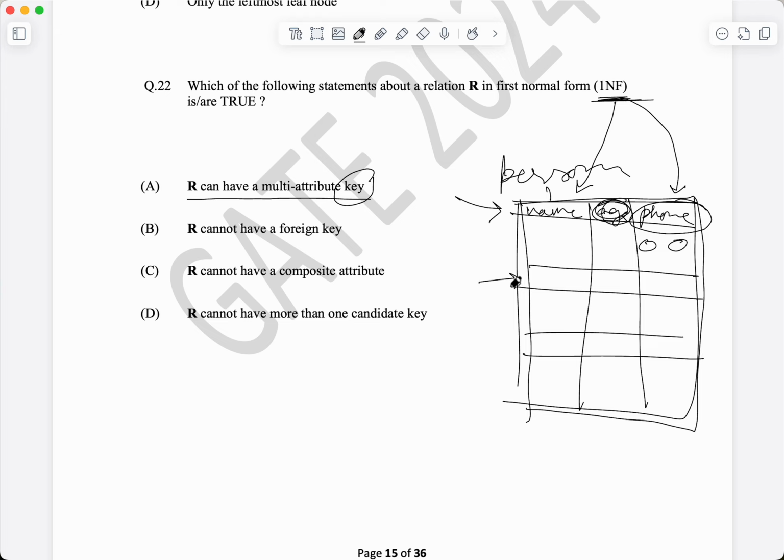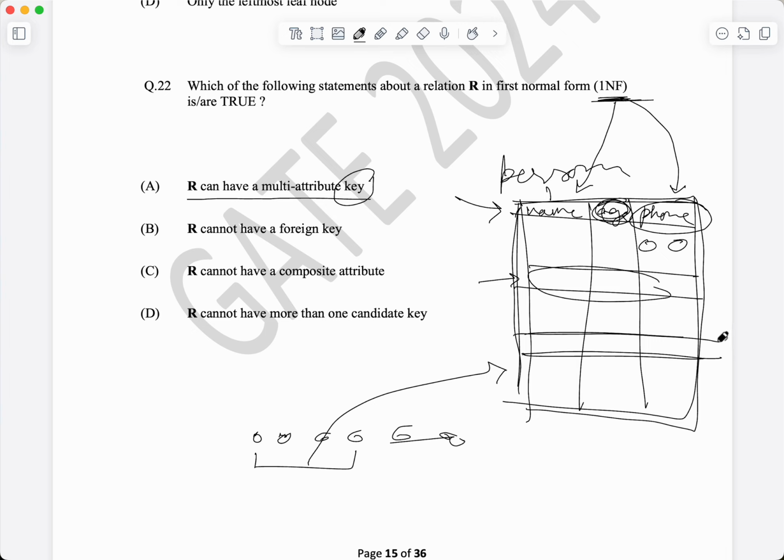Now, a collection of attributes, not just these three, suppose there are n number of attributes present. A collection of these attributes, when taken with the data that is present inside of it, uniquely identifies a single record, right? That is what we call a key. This is the concept of a key.